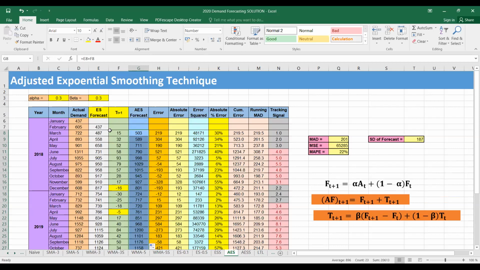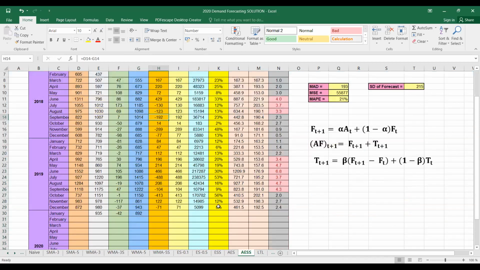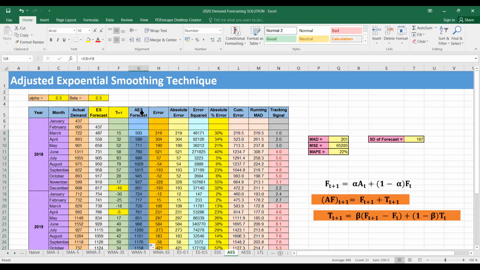We can apply the Solver function in this sheet. Let's suppose we apply the Solver function in the same sheet. Just remember we had a MAD of 201, so we should get a smaller value with the optimum solution.